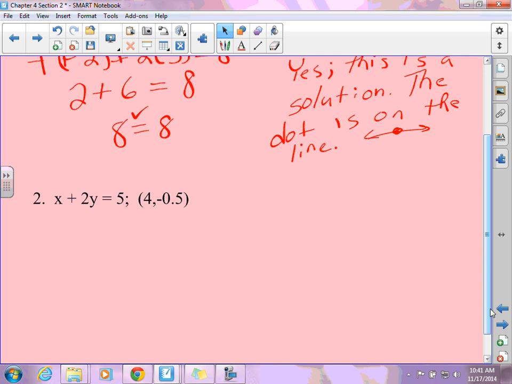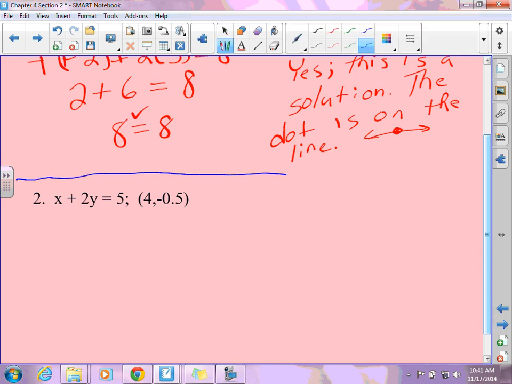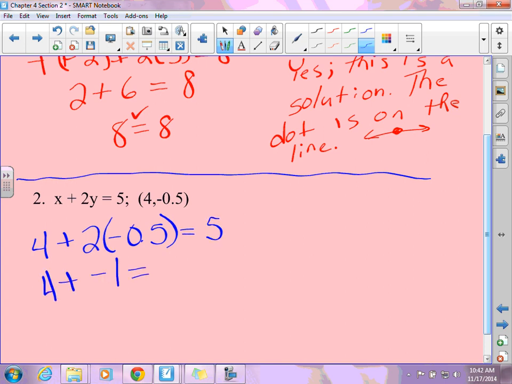All right, let's take a look at number 2. We're going to do the same type of thing. I'm going to put 4 in for x. I'm going to put a negative 0.5 for y. 4 plus a negative 1 equals 5, and you're going to notice that 3 equals 5. That is not a solution.